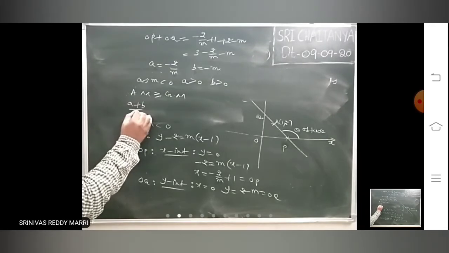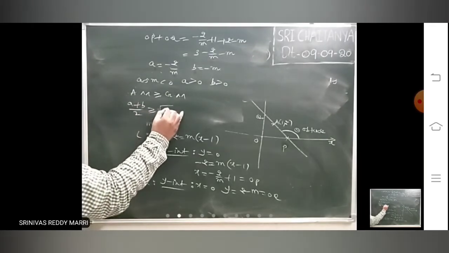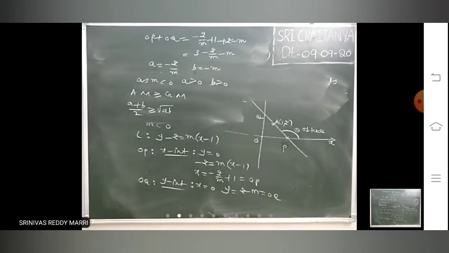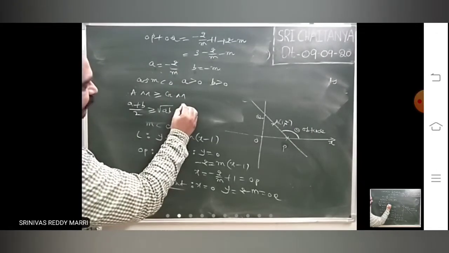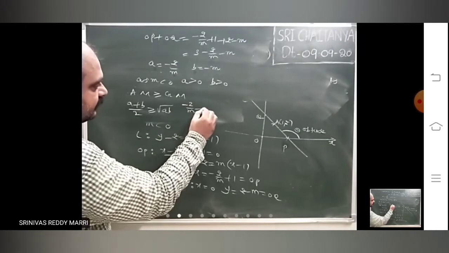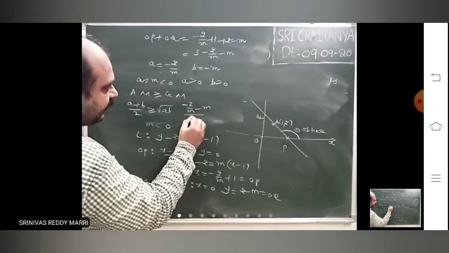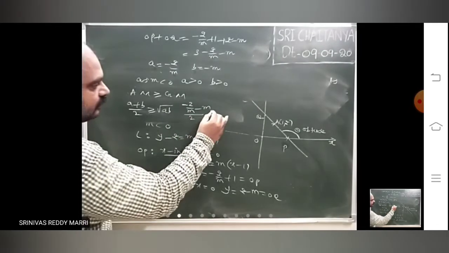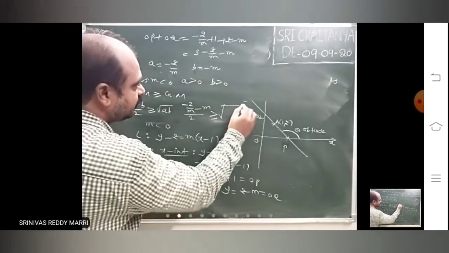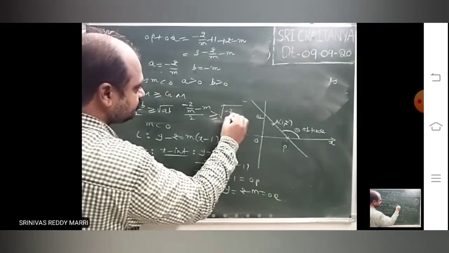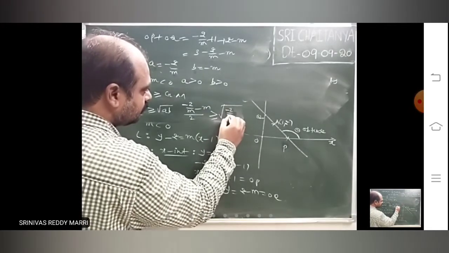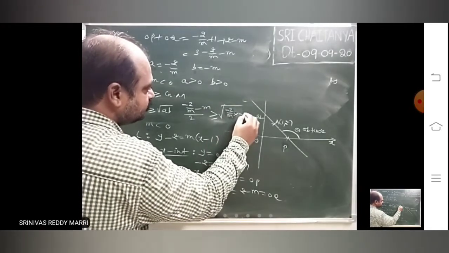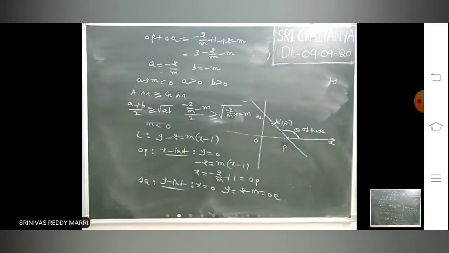That means (A plus B) by 2 is greater than or equal to root AB. So (minus 2 by m minus m) divided by 2 is greater than or equal to root of minus 2 by m into minus m.